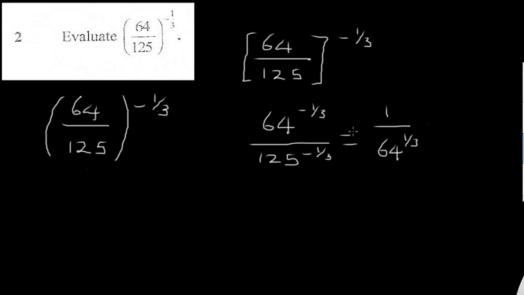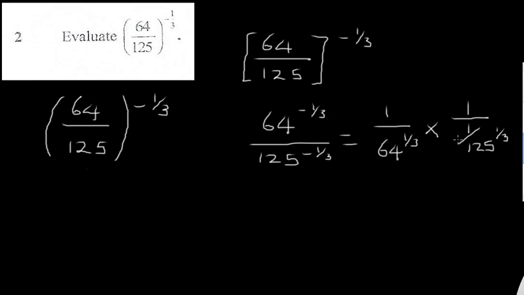And we have, multiplied by, 1 over 125 raised to the power negative 1, raised to the power 1 over 3. So the negative disappears and you'd have 1 over 3.